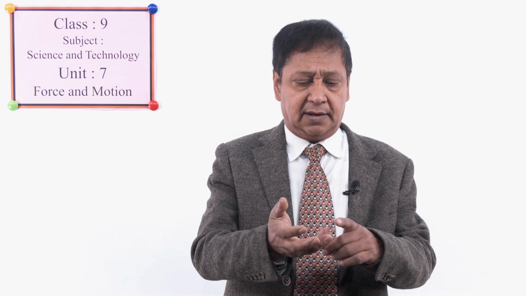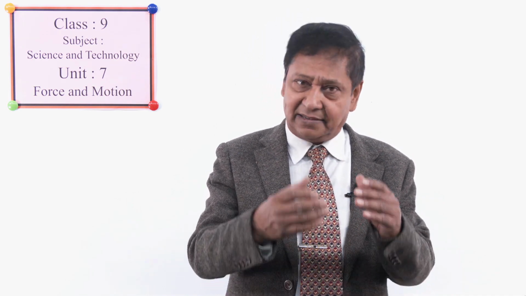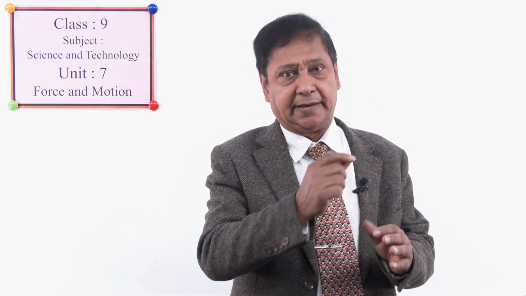They were displacement, distance, scalar, vector, speed, velocity, average velocity, uniform velocity, non-uniform velocity, acceleration and retardation. All these terms were defined and discussed with examples and graphical representation also in part 1.